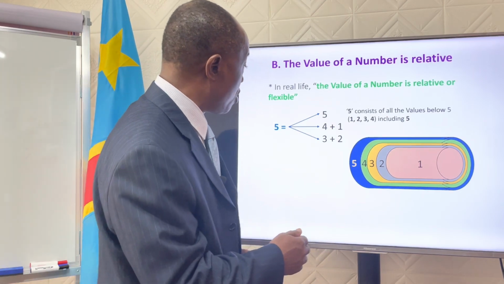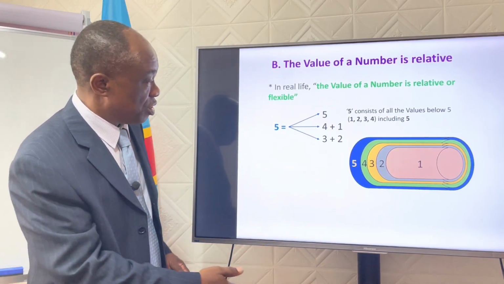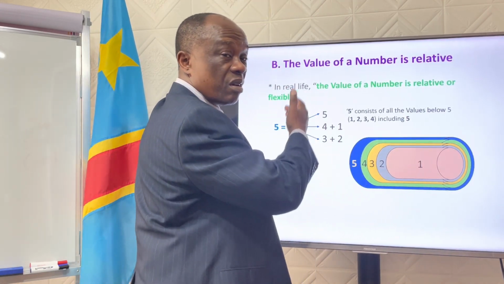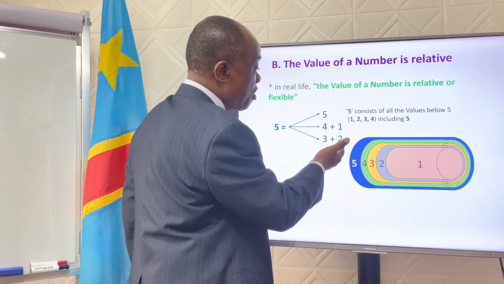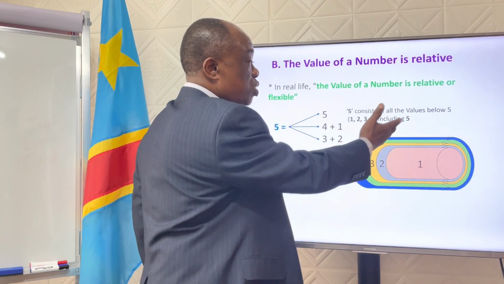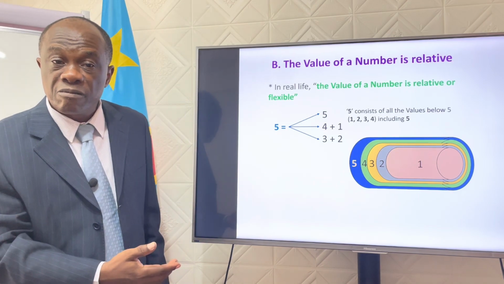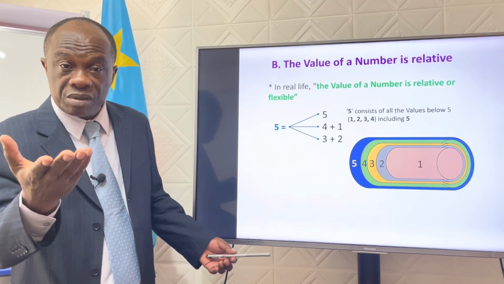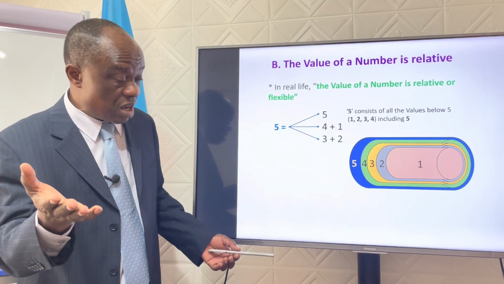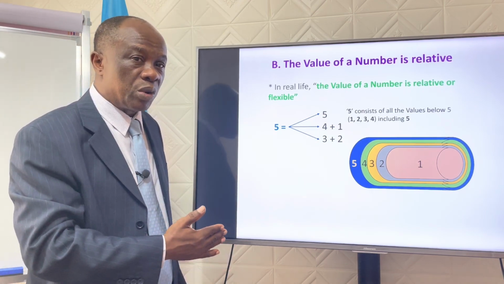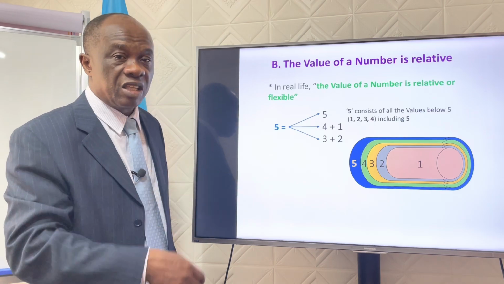So if you want to know the relative value of number 5, you have to sum up all these values. If your number is 9, for example, you have to sum up all the values below 9 plus 9 itself.